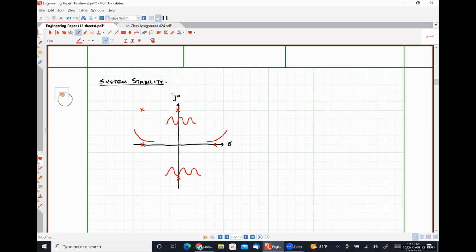complex conjugate poles in the left-hand plane, which are indicative of effectively an exponential decay that rings. So it has some exponentially decayed envelope. Same thing over here.